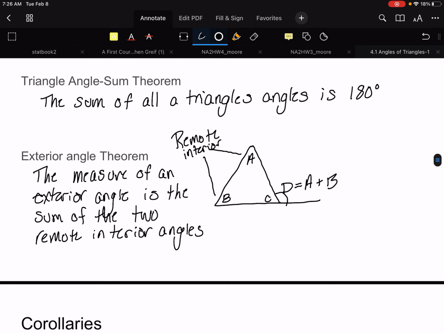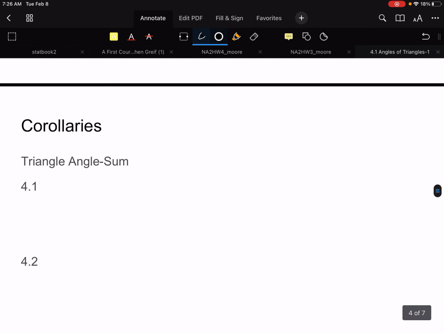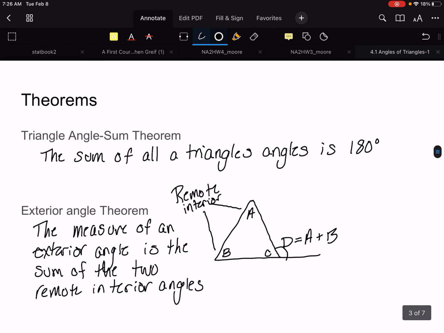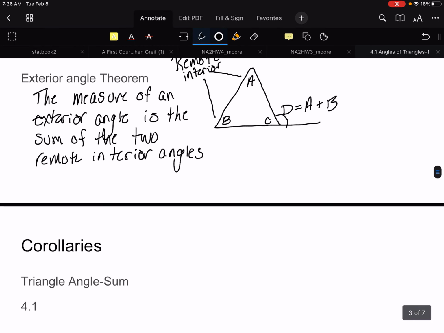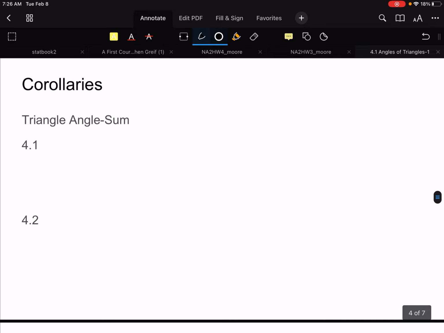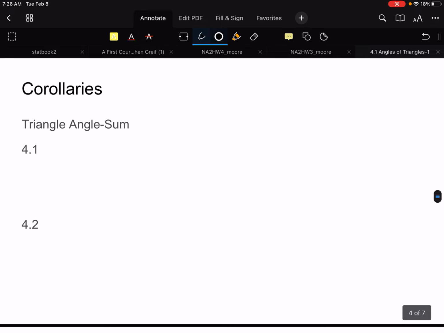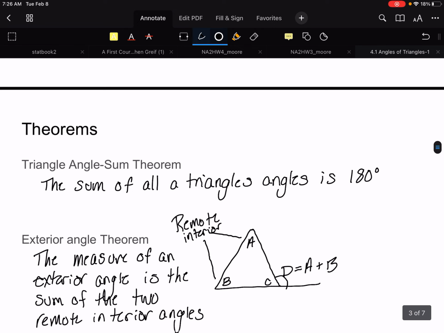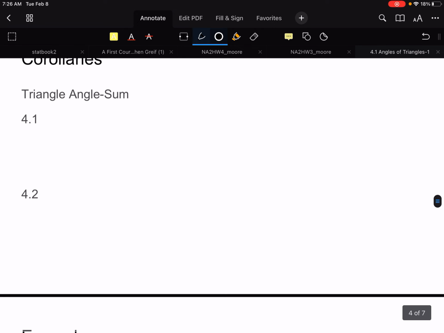A few corollaries to go over directly related to these two theorems. The triangle angle sum, so directly related specifically to that first theorem there. The first part of this says that acute angles of a right triangle are complementary.